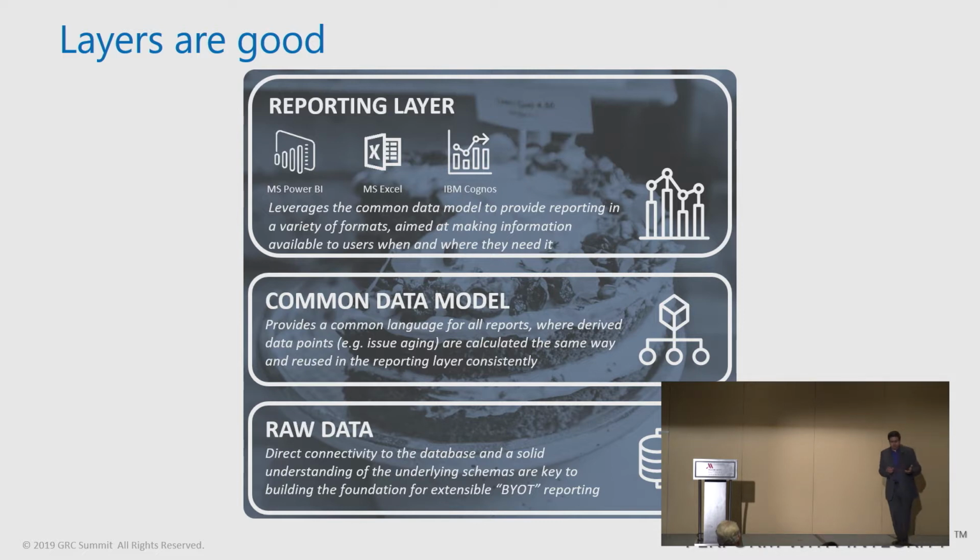The question is, do we have trending, right? To do trending and look at how, let's say, your open issue counts change over time, you need to have that history. That's very taxing on a data model like this. In our architecture right now, that raw data layer is directly MetricStream's database.